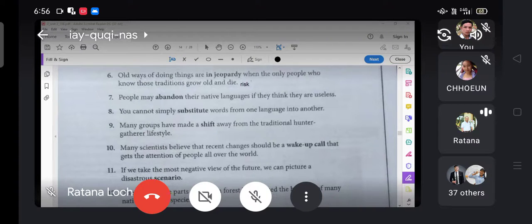For example, like I used to tell you, record. You can stress on the first syllable of record as a verb. But if it is a noun, you have to put the stress on the second syllable. Sorry, for example, record.